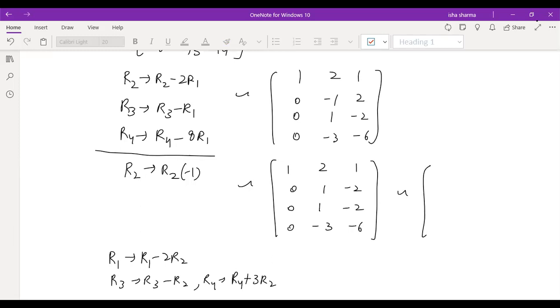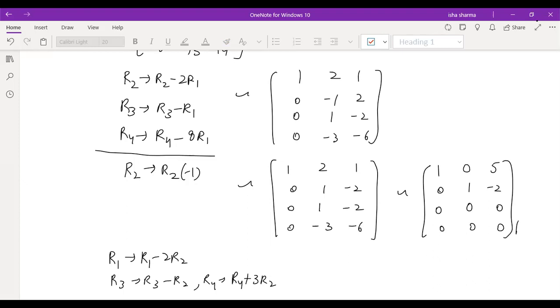So this further set of operations will give me 1 0 5, 0 1 minus 2, and the remaining rows will be all zeros.